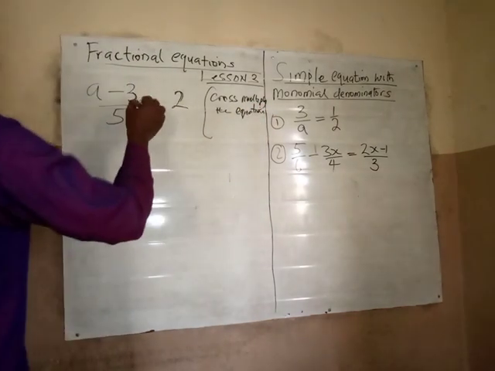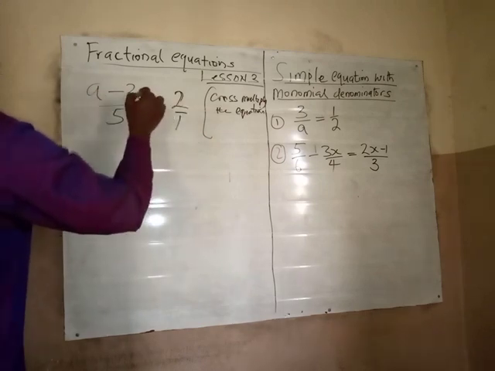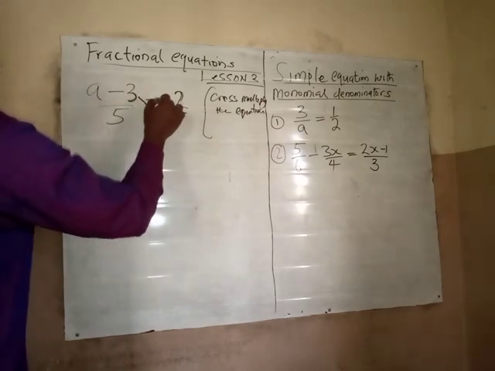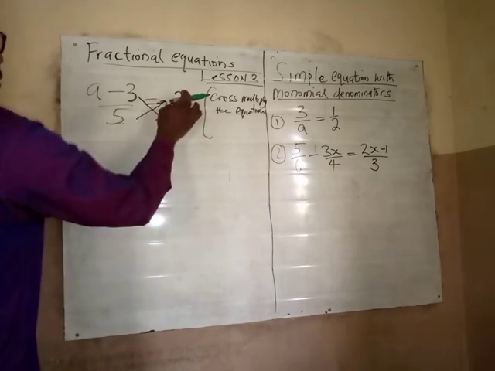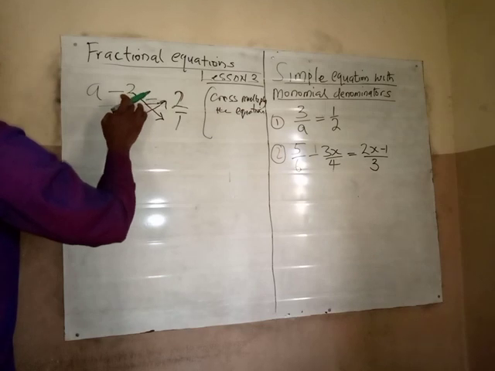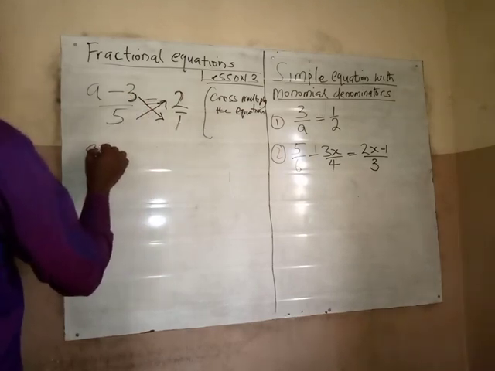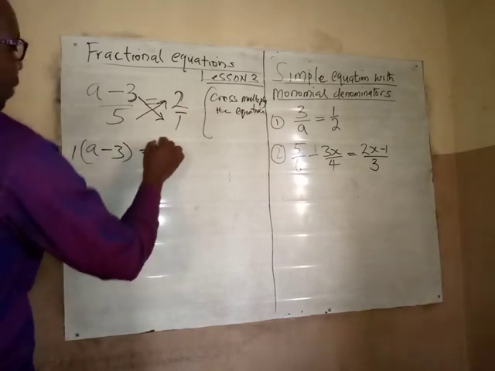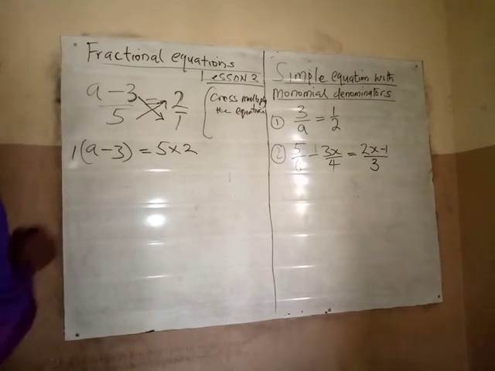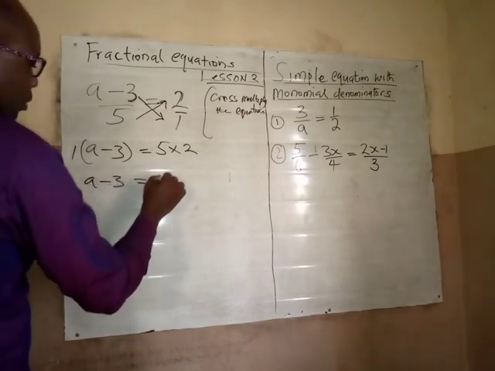The numerator here multiplies the denominator there, and the denominator multiplies the other numerator. So we now have a minus 3 multiplied by 1 equals 5 times 2. So a minus 3 equals 10.